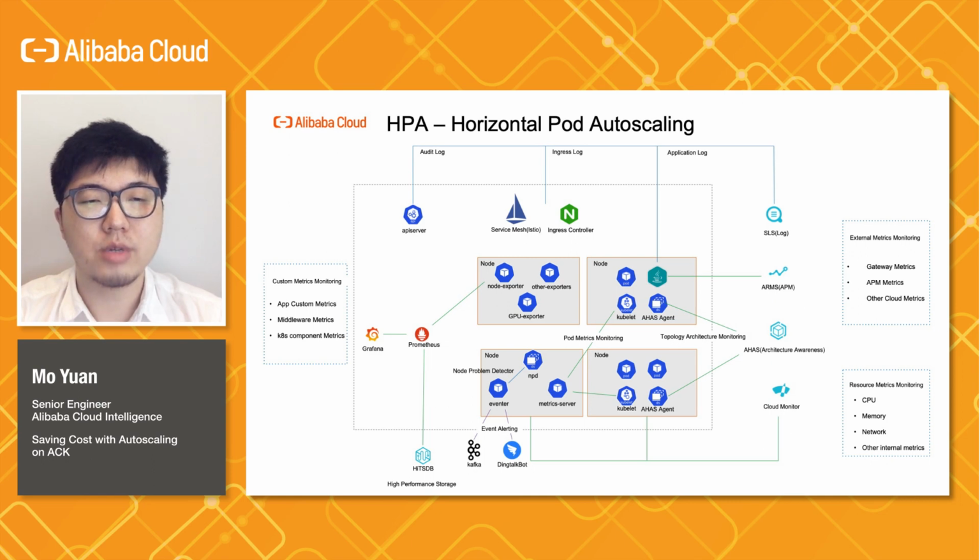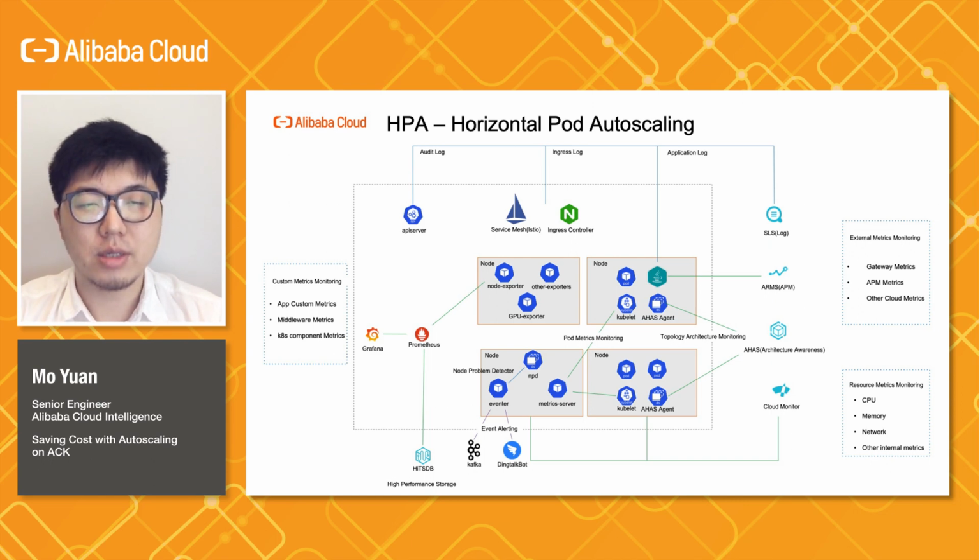Cloud Monitor is the traditional resource monitoring service. We also have managed Prometheus service as an alternative choice to the open source one. Based on the monitoring architecture, we transform all kinds of monitoring metrics into 3 categories. In resource metrics, we provide CPU, memory, network, and so on.